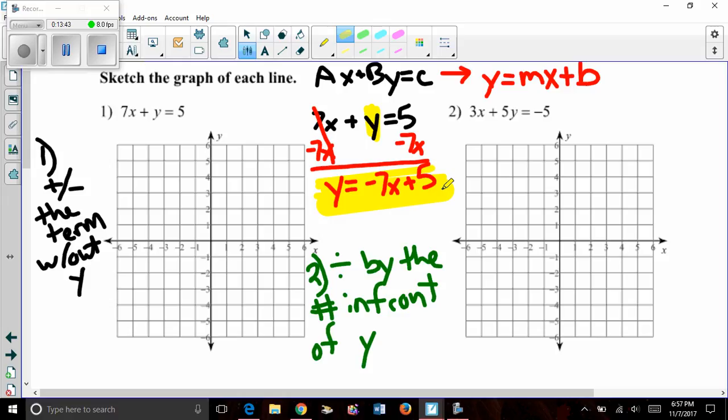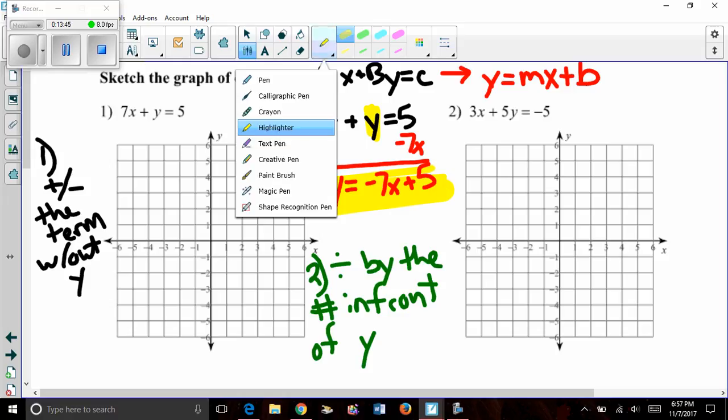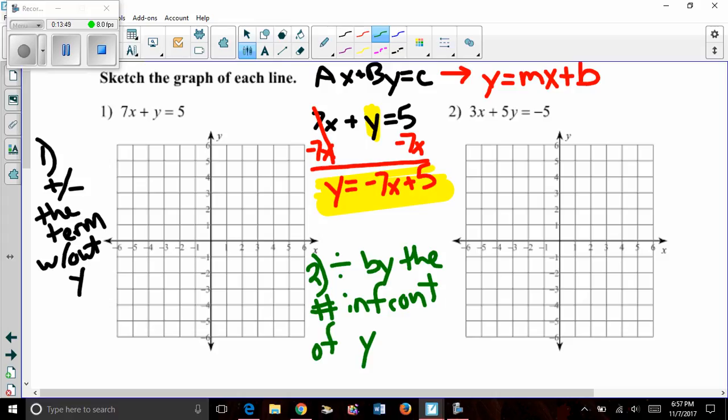Now let's pull out the pieces. We have that our y-intercept, b, is 5. So I need to graph the point 0, 5 right here.